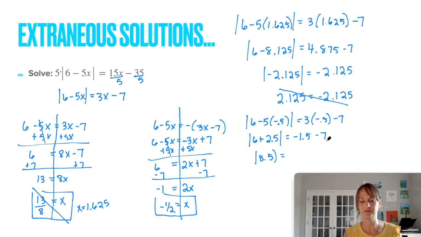And negative 1.5 minus 7 is a negative 8.5. The absolute value of 8.5 is 8.5. Does that equal a negative 8.5? No. Again, it's also extraneous. So interestingly enough, both solutions are actually extraneous. Therefore, your final answer would be no solution.